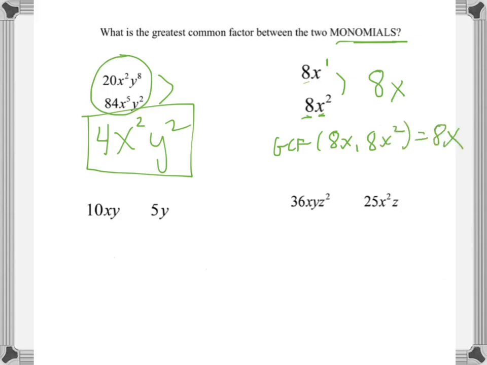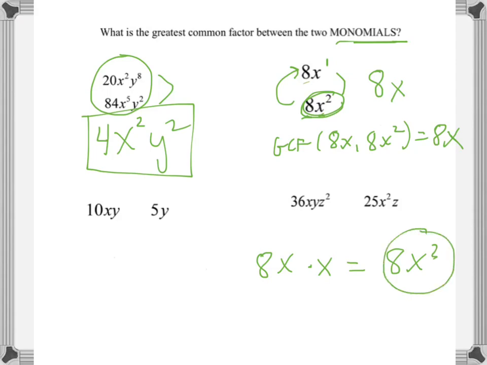That's because 8x squared is a multiple of 8x. It's 8x times x. If I took 8x and multiplied it by x, I'd have 8x squared, because there's something you can multiply by 8x in order to get 8x squared.